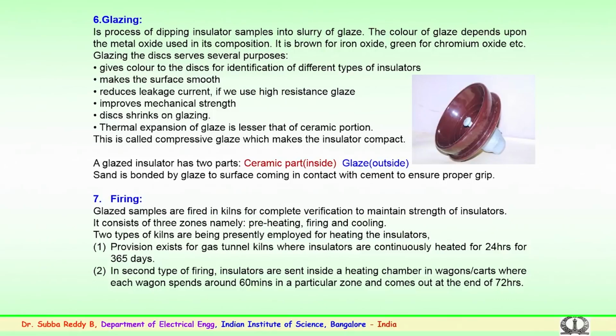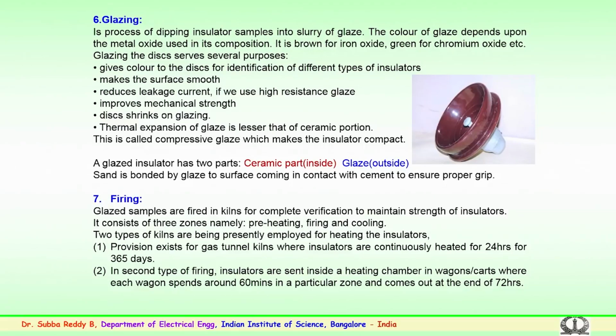The glazing serves several purposes. The intention is that glazing gives color to the devices, basically disc insulators, for identification of different types of insulators. It makes the surface very smooth and reduces the leakage current in case of using a high resistive glaze.